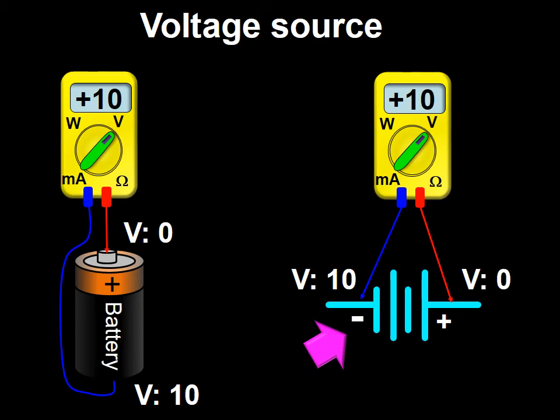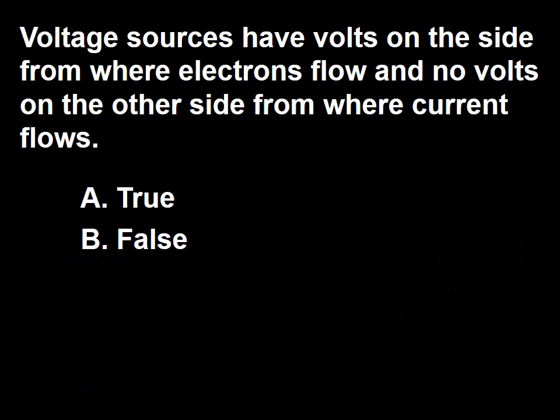The negative pole, the anode, has 10 volts, while the positive side, the cathode, has none. So the answer to this question is A, true.